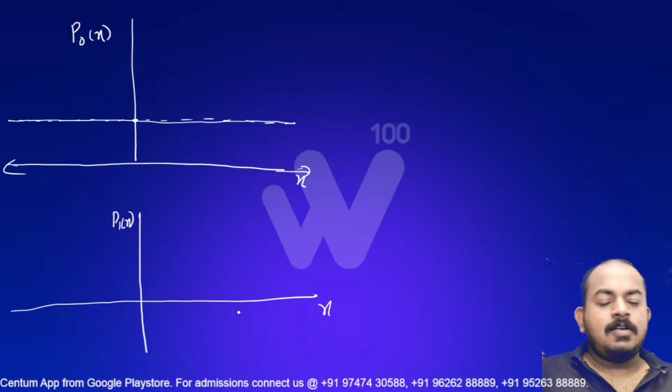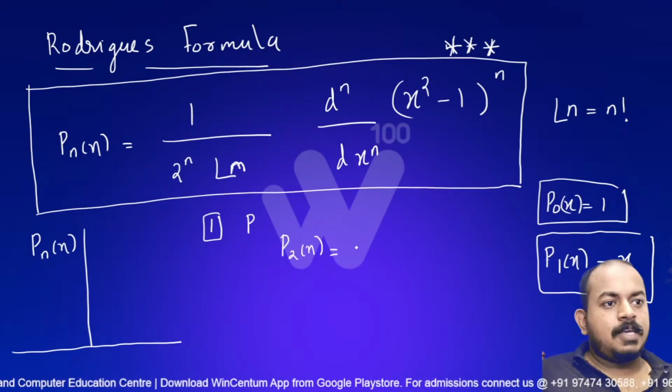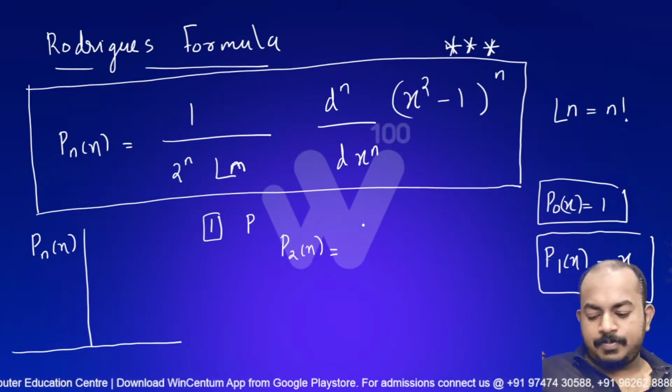And just try to learn the first few Legendre's polynomials by heart. That will be better. Like I will write here, let p2 of x equal to 1 by 2 times (3x square minus 1).